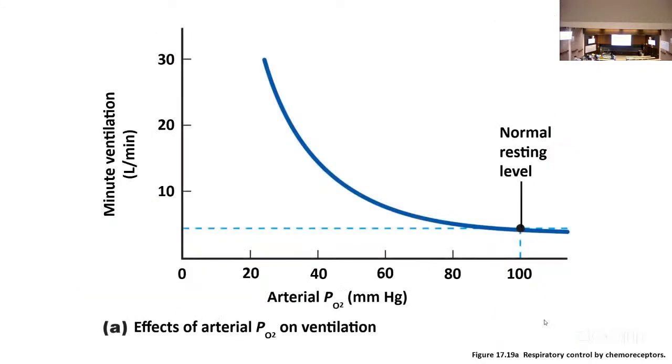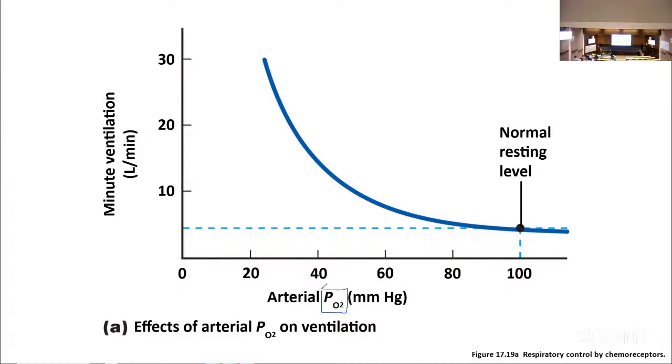Okay. So what we're looking at here is how we see changes between, in this case, partial pressure of oxygen, so how much oxygen you have in your blood, versus the minute ventilation. The minute ventilation, we know that we calculate by multiplying our tidal volume times our respiration rate. So what this really is, is how much air total are you taking into the lungs per minute? Okay.